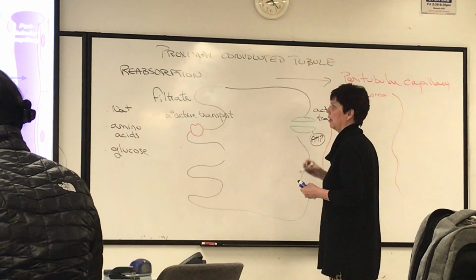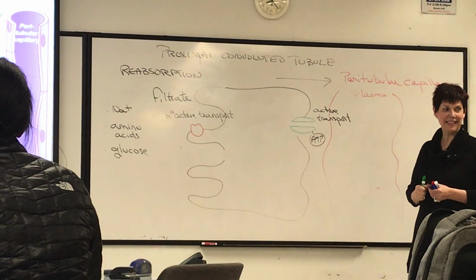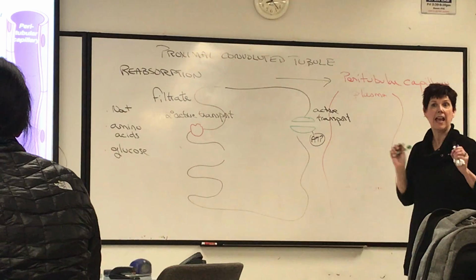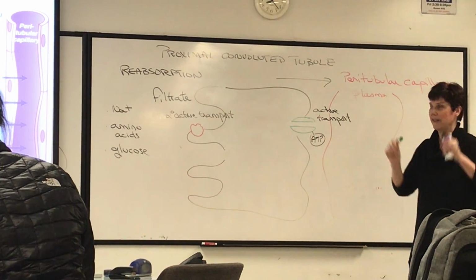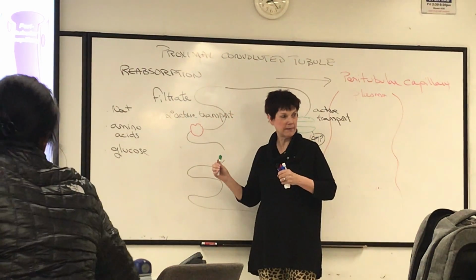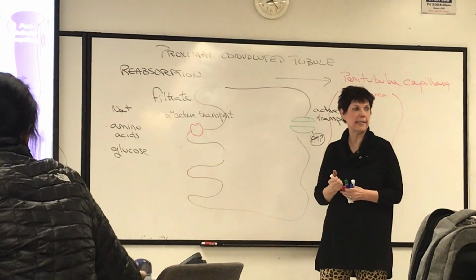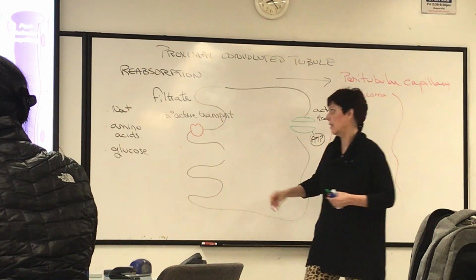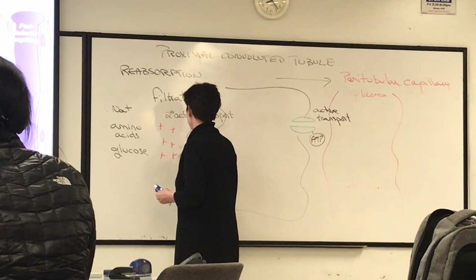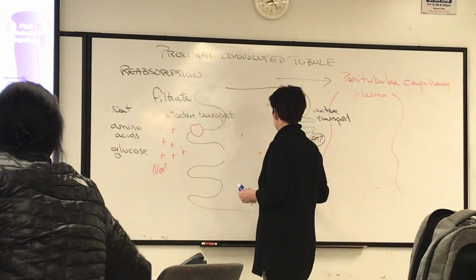Concentration, which way are our molecules moving? Down their gradient or up their gradient? Up the gradient. So from low concentration to high concentration. That requires energy. Secondary active transport is occurring down the gradient. So sodium is higher outside a cell or higher inside a cell? Outside. So we're going to have a higher concentration of sodium ions here than we do inside the cell.